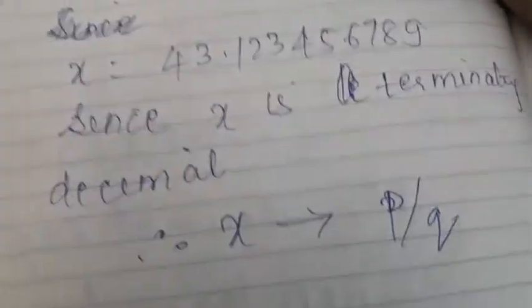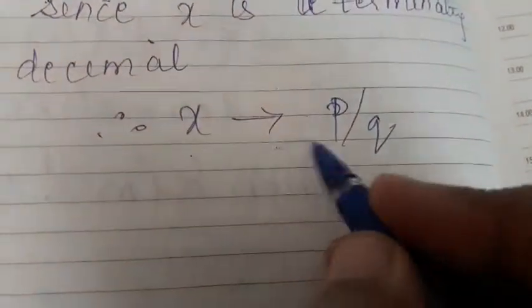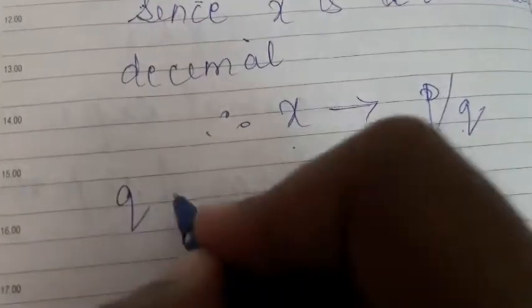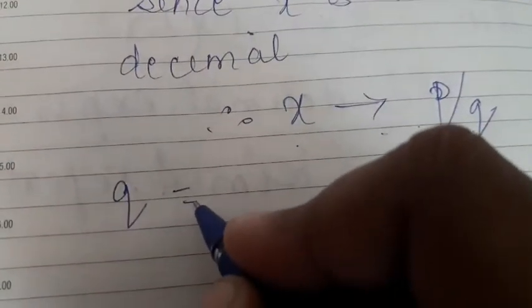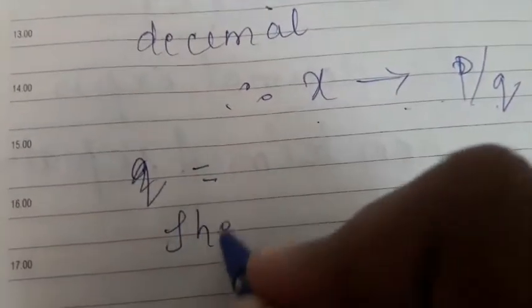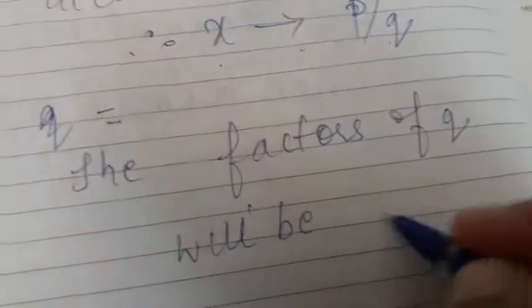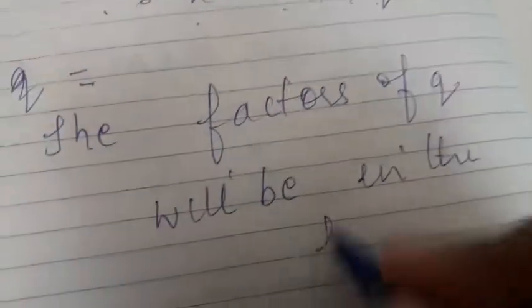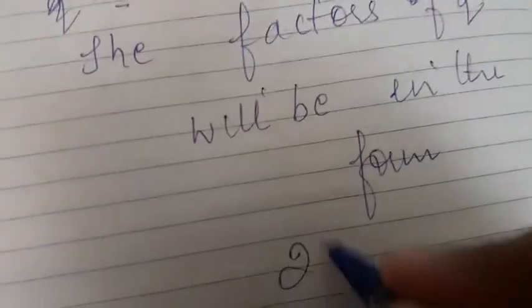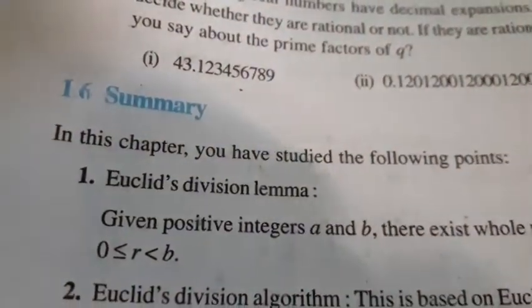We will write it in the statements: x can be written in the form of p by q, and the factors of q will be in the form of 2 to the power of n into 5 to the power of m. I think this should be the answer, because for each you just have to express whether you can write it in the form of p by q or not. Let me check what is given.